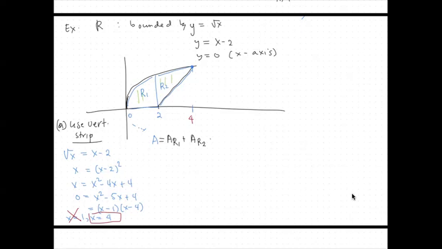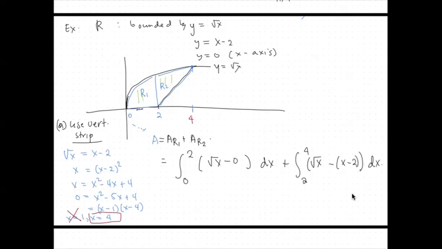So the area of region 1 is the integral from 0 to 2, dx, of the upper function, this is the upper function, and this is your lower function, so square root of x minus 0. And then the other interval is from 2 to 4. Upper function now is the same, square root of x for the first one. And then the lower function is minus, but don't forget the parentheses, x minus 2 dx. So this is now the area using vertical strip.